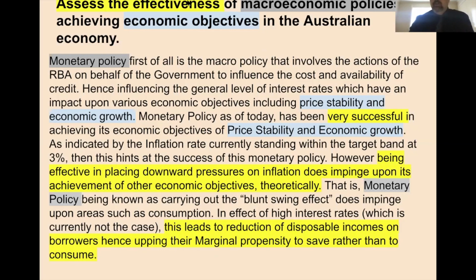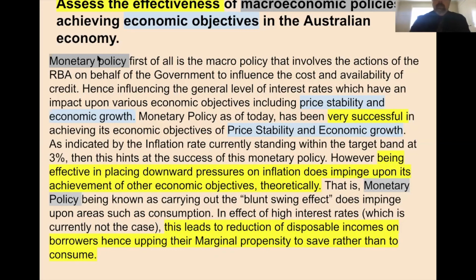So the colour code is to say, this is how we're writing, and this is what we're writing about. So the how is we're assessing, that's our verb, and we're making judgments around the effectiveness of macro policy and government objectives. When we read this answer, and I won't go through it in too much detail, we've selected the macro policy of monetary in this particular paragraph.